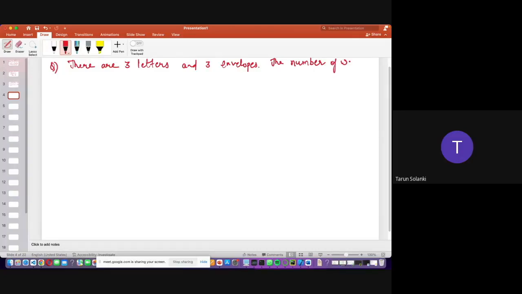The number of ways in which all letters are put in wrong envelopes is. Okay. So let's solve this problem.